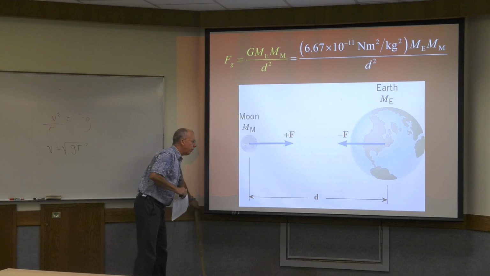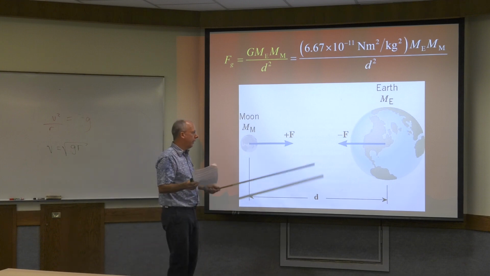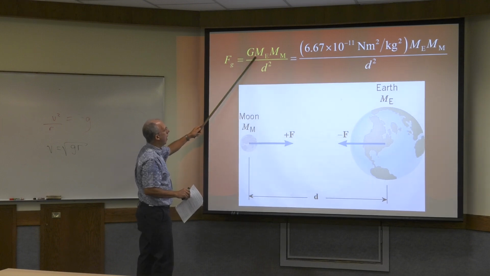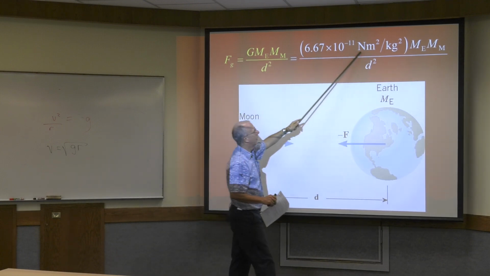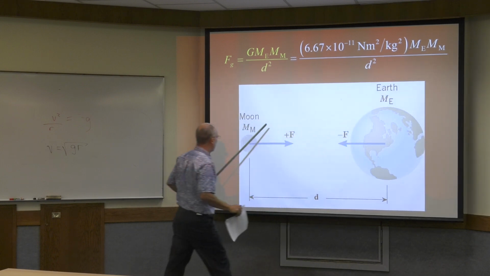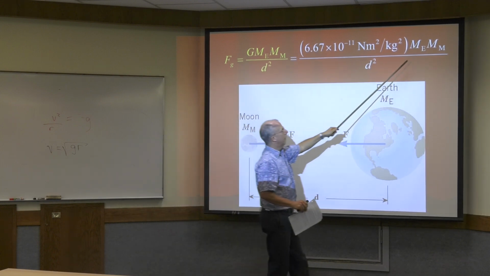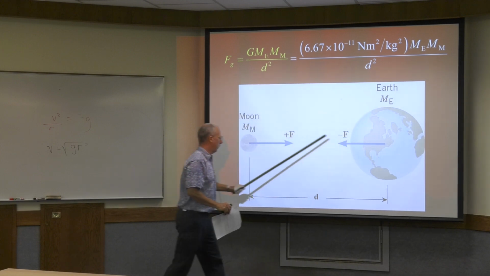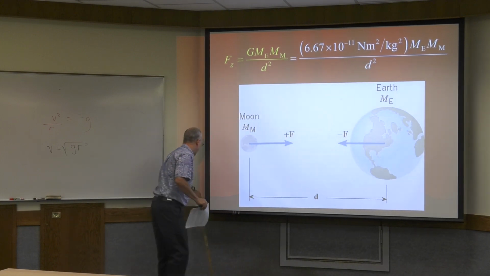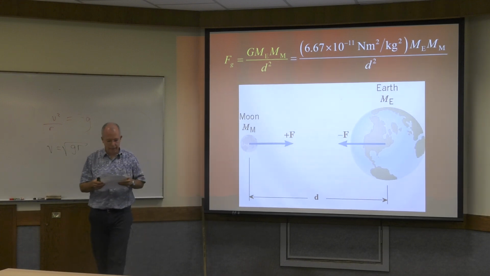So the gravitational force between, say, the Earth and the Moon is this gravitational constant, a small number, times the mass of the Earth, times the mass of the Moon, divided by the distance between the centers, squared.